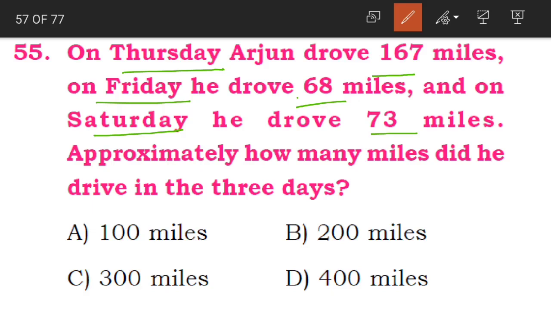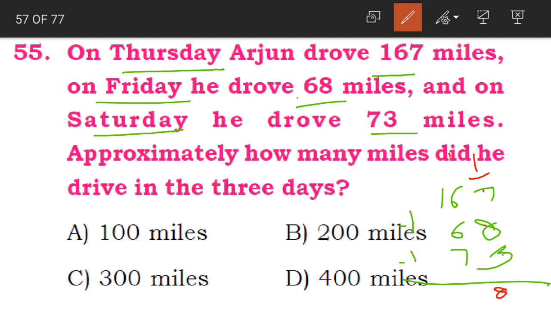Now what will be the total number of miles he drove? Add it. 167 plus 68 plus 73. In the ones place, 7 plus 8 is 15. 15 plus 3, 18. 8 here, 1 carried. Now 1 plus 6 is 7. 7 plus 6 is 13. 13 plus 7 is 20. 0 here, 2 carried. 2 plus 1 is 3.